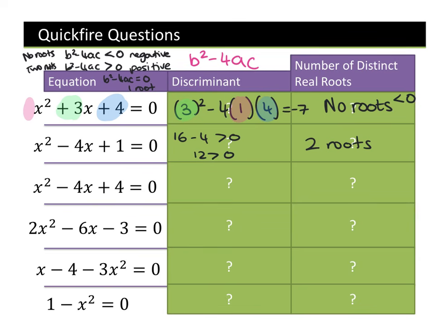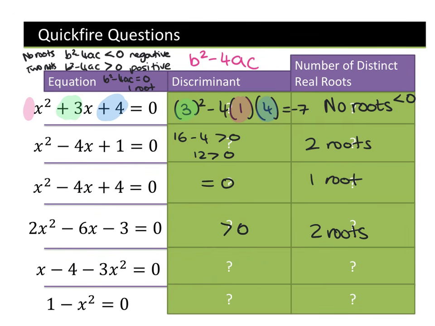Everyone happy? Next, 16 minus 16 equals 0. That means it has 1 root, or equal roots. Now I'm going to get 36 plus, which is going to be greater than 0, isn't it? Yes, 2 roots.